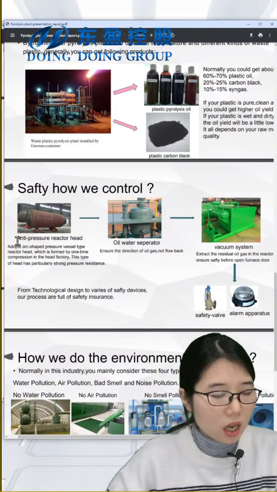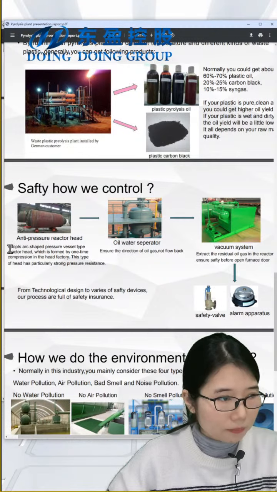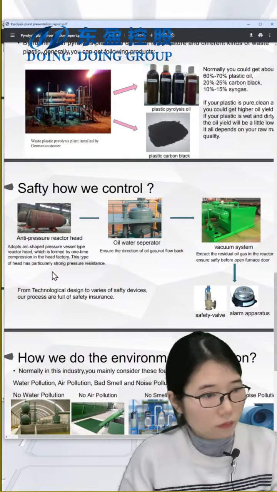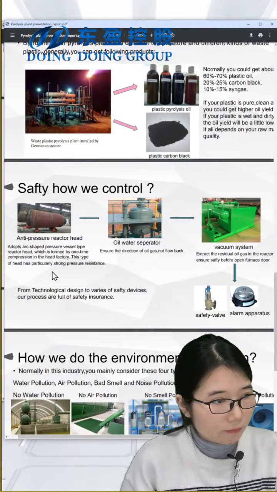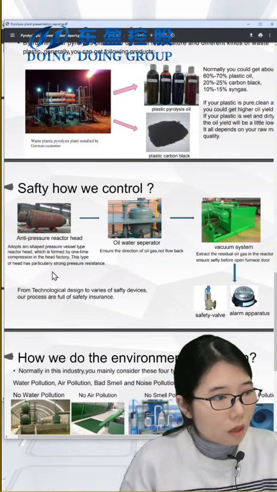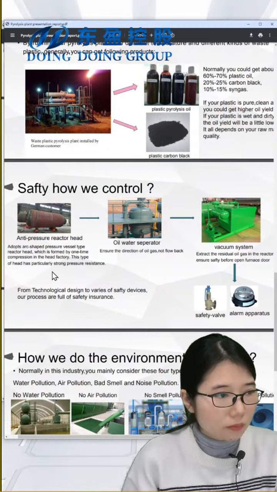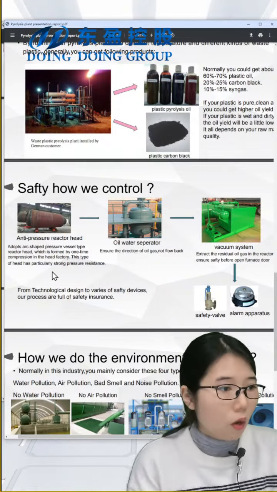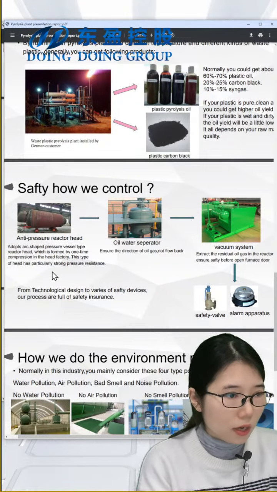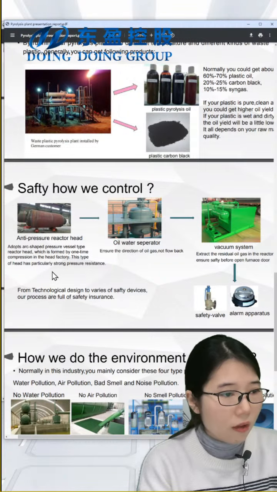Firstly, when we manufacture the machine, just like the furnace of the reactor, the pyrolysis reactor, we will adopt an arc-shaped pressure vessel type reactor head, which is formed by one-time compression in the head factory.